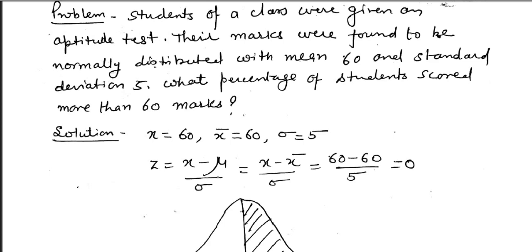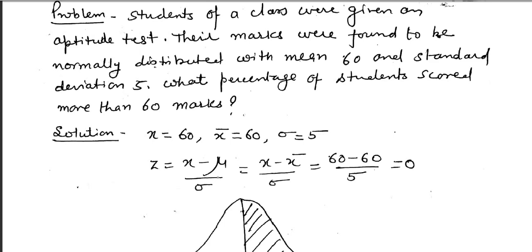What percentage of students scored more than 60 marks? Here, what is given? X is equal to mean is equal to 60, standard deviation is equal to 5, and we have to find the percentage of students that score more than 60 marks.